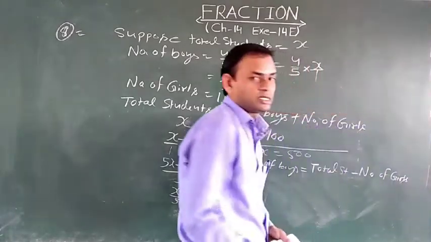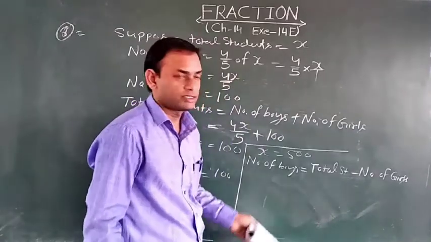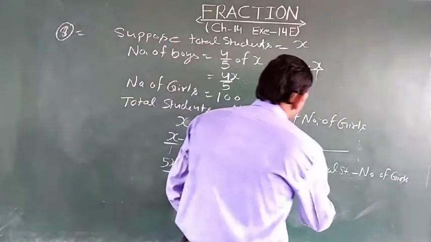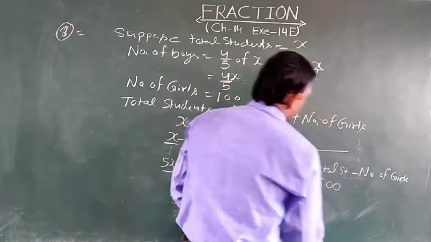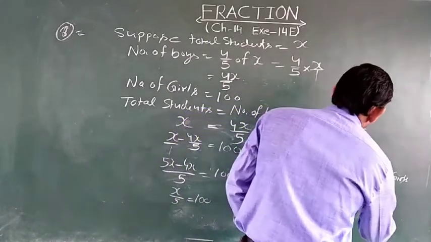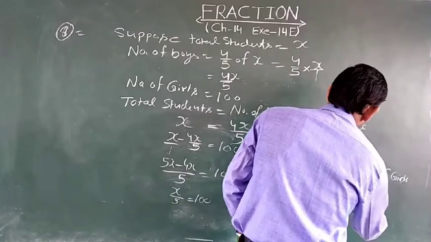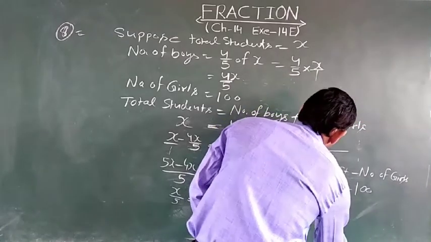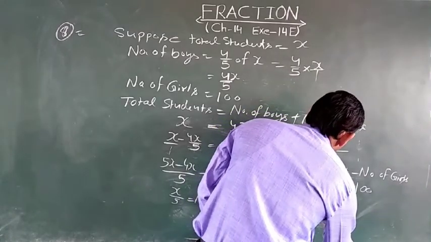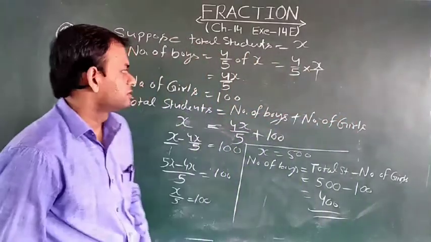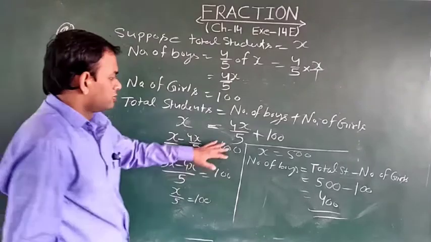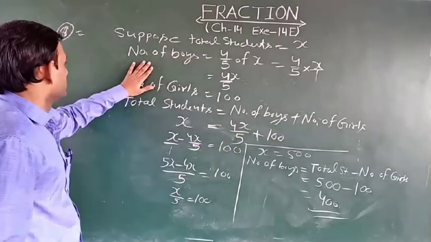When you subtract the number of girls from the total students, you will get the number of boys. Total students we have got 500, and number of girls is given 100. So number of boys will be 400. Okay. So this is the question number 8.